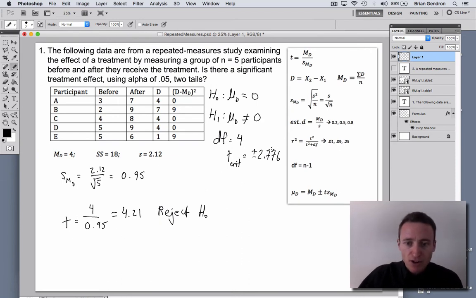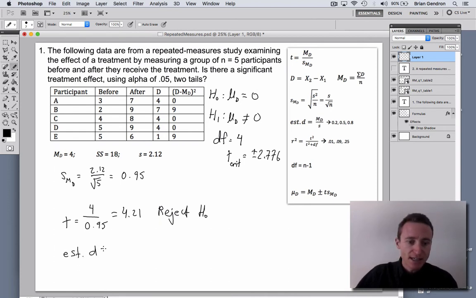Or you can measure r squared, an effect size that measures how much variance is explained by the treatment effect. The formula for r squared is always the same, and we've done that a few times, even in the videos. So let's just use estimated Cohen's d and interpret it as indicated there.